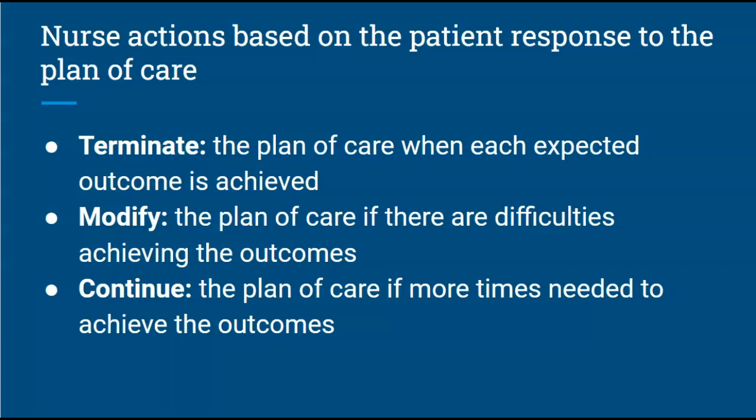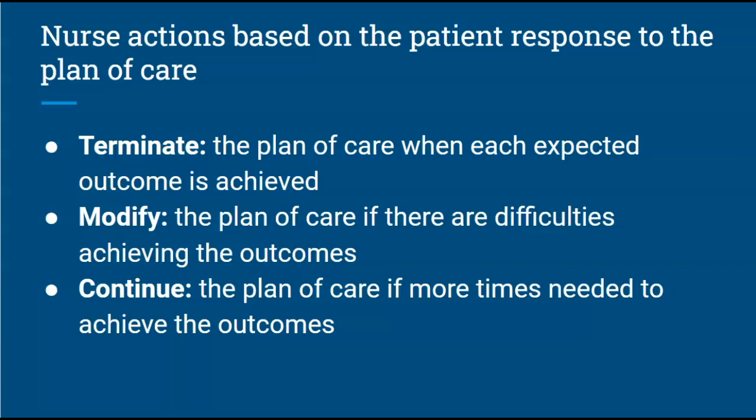Continue the plan of care would be maybe if you need more time to achieve the outcomes, maybe the patient is just progressing a little bit slower than you want, so you would continue that same plan of care but give more time so that the patient can achieve their goals.